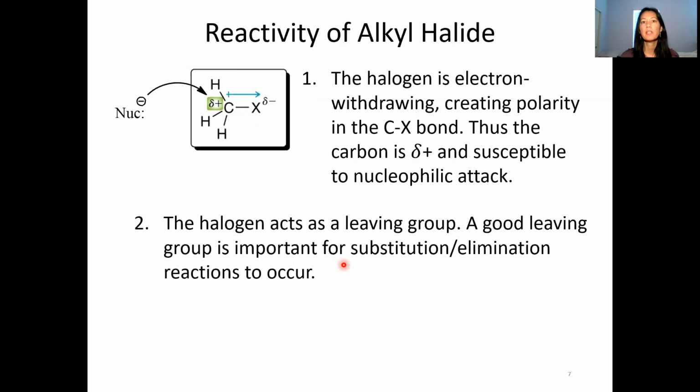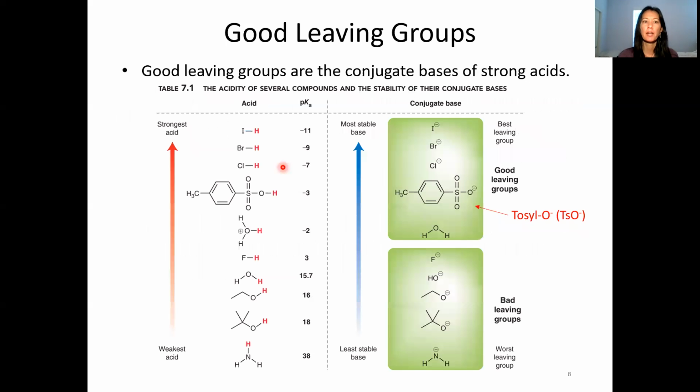That conjugate base, Cl minus, is very stabilized. That chlorine can handle that negative charge well. It's very electronegative, and it's okay being on its own. So with certain substrates, the halogen will leave on its own, and you can have either a substitution or elimination. But a good leaving group is important for these reactions in this section.